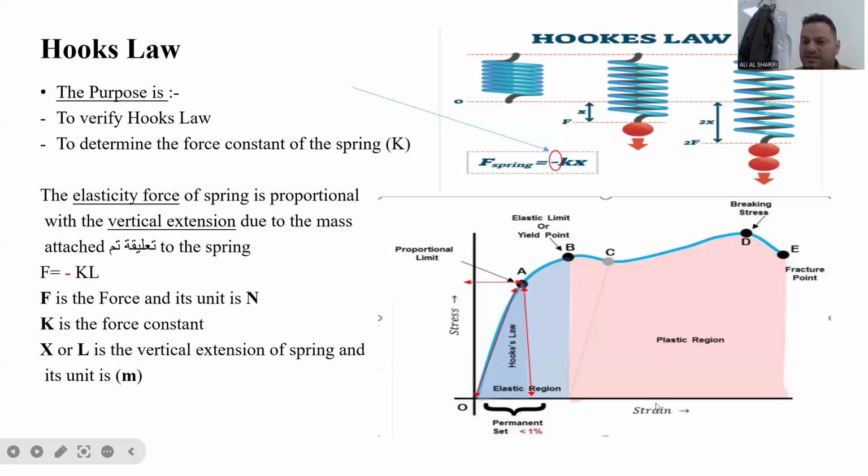Here, at first, this curve, this diagram, illustrates how an iron material, or any kind of material, with a specific number of newtons will break into two parts.